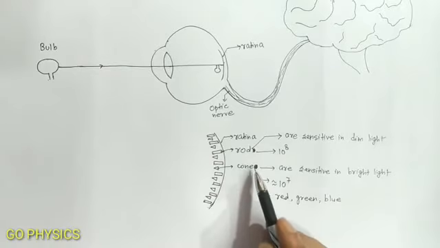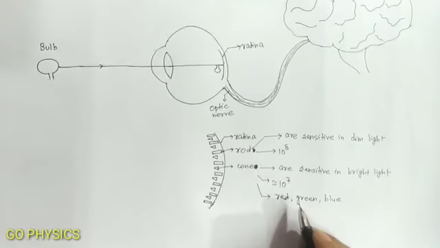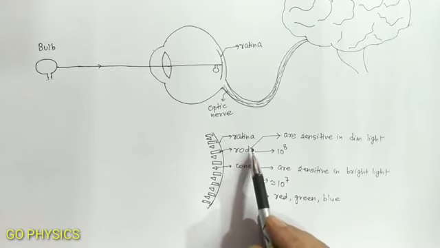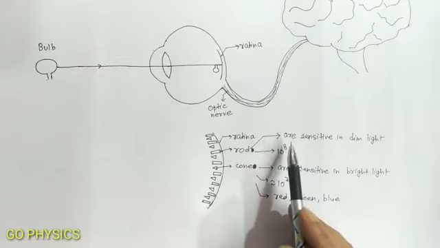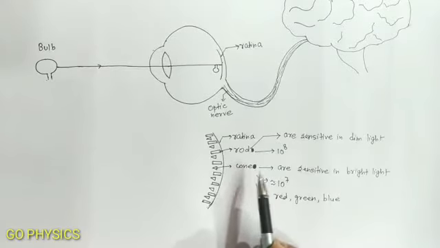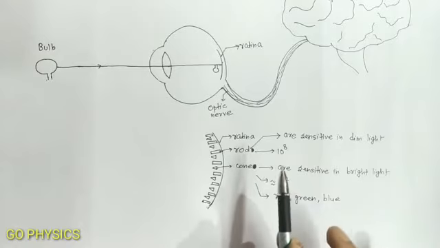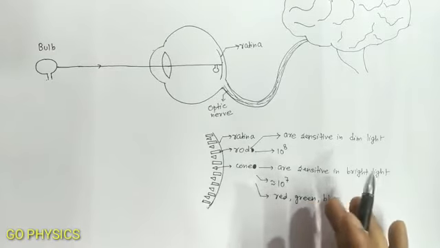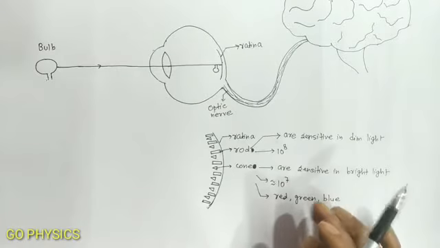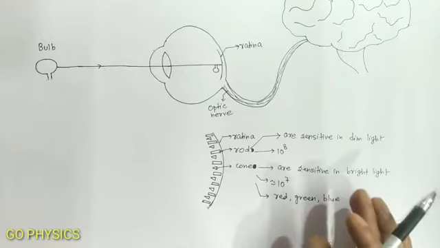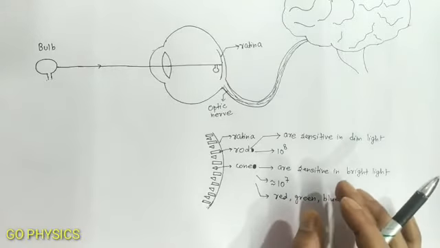Cones are of three different colors: red, green, and blue. The rod can sense very small amounts of light, while the cones need more light to perform their task of sensing colors and details of the object. That is why in dim light we are able to see shapes but not color and details.